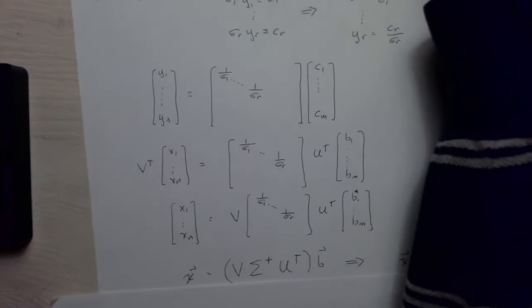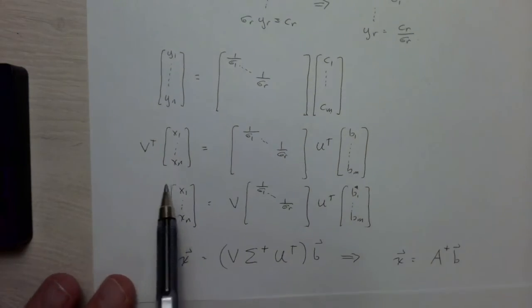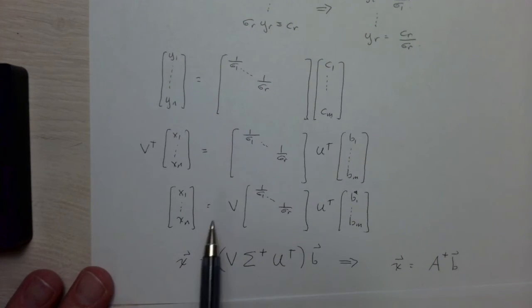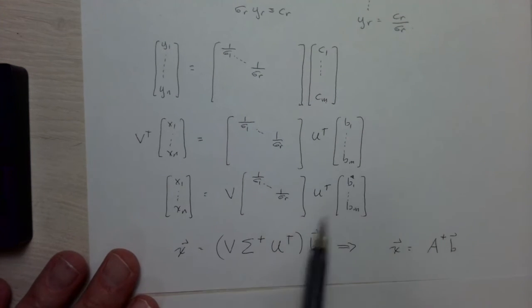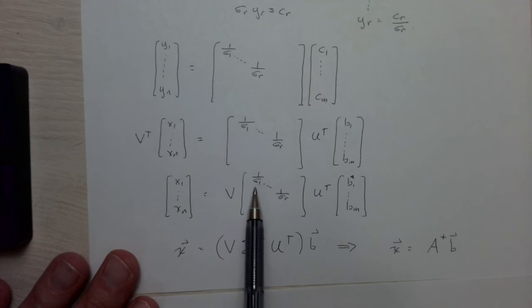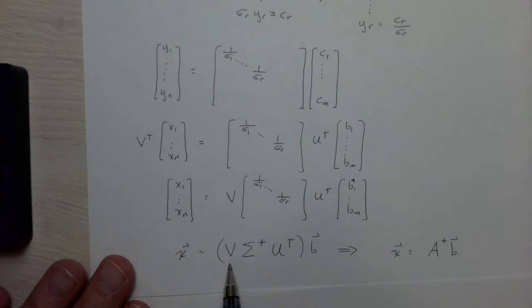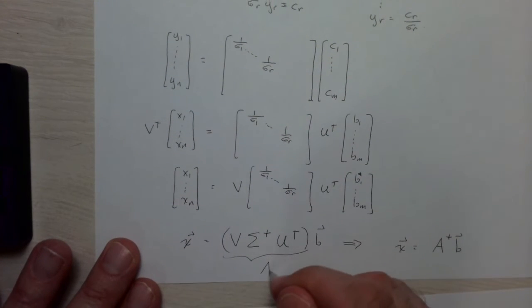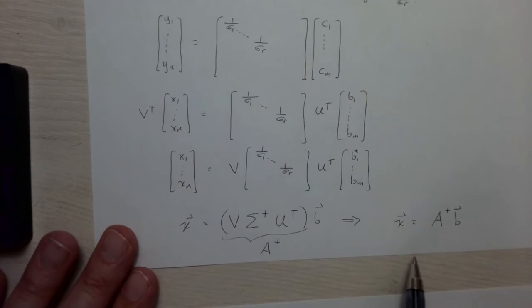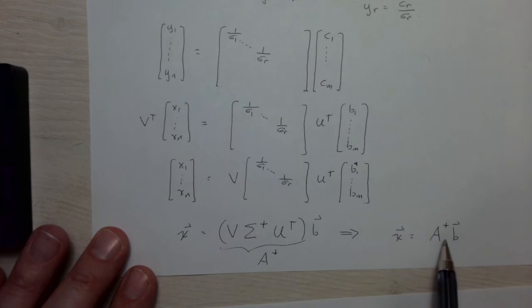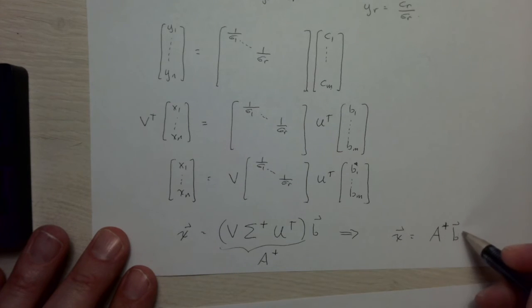We can multiply on the left both sides by V, and they'll cancel out. And this matrix is none other than our sigma plus. We have the reciprocals of the singular values right here. So we get that x is equal to V sigma plus times U transpose times b. And what is this? This matrix is none other than A plus, our pseudo-inverse. So x is going to be the pseudo-inverse of A times b.